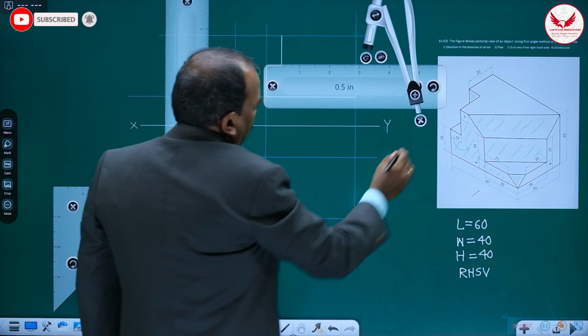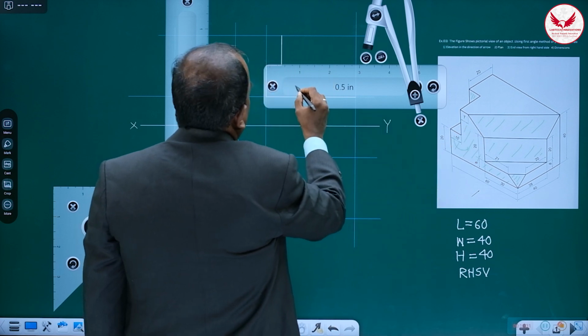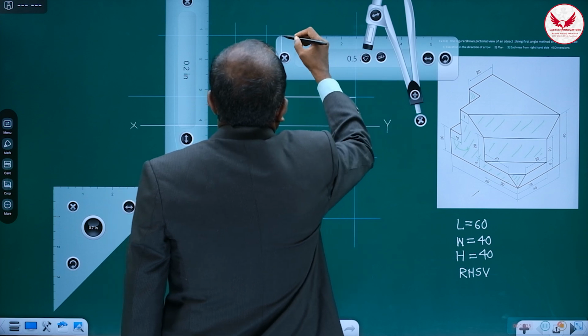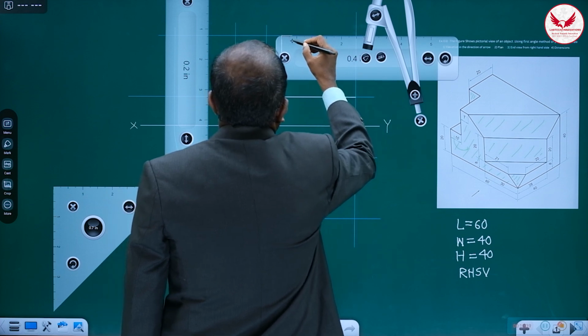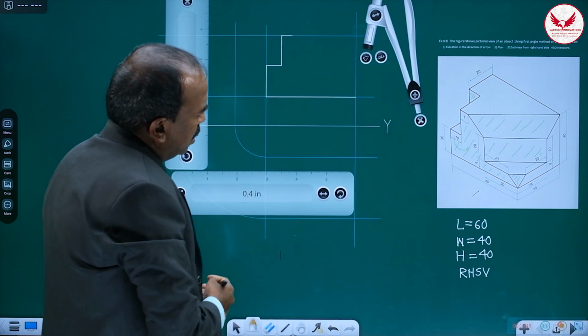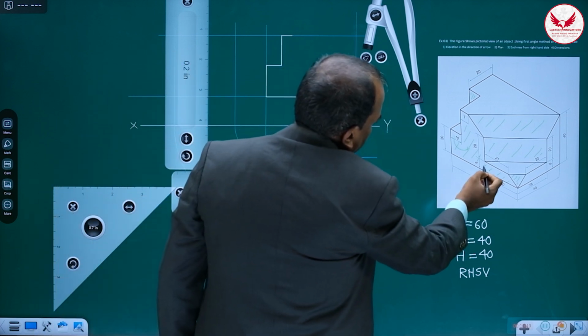Then it is only 7. It is only 7. It is 5, 6, 7. 7 mm only.